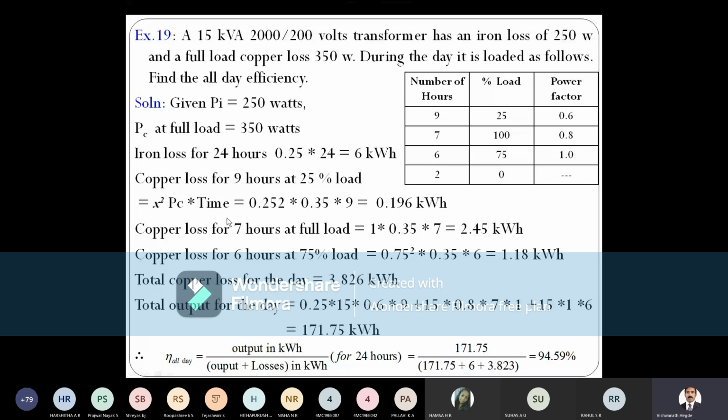Full load is 15 kVA, into 0.35 into 9. That will give you 0.196 kilowatt hour. This is 0.25 squared, okay? It's not 0.25 into 2.